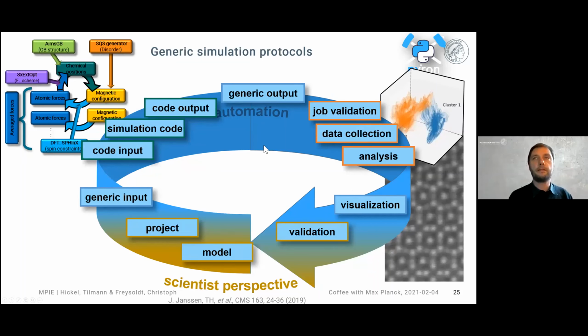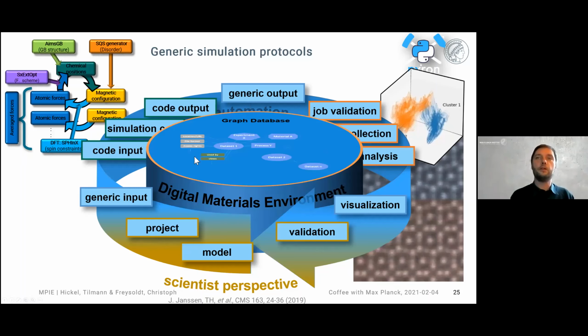This is taken care of by our simulation environment in an automated manner. Also the validation or collection of data, the analysis of data, can be done automated, and we as a user again would like to look at the final result and interpret this result in order also to validate the materials model with which we have started. So that's the framework of computer simulations which we are doing in a digital materials environment.